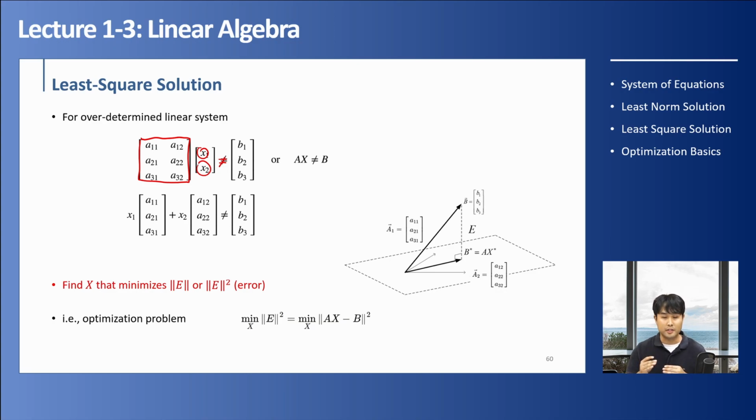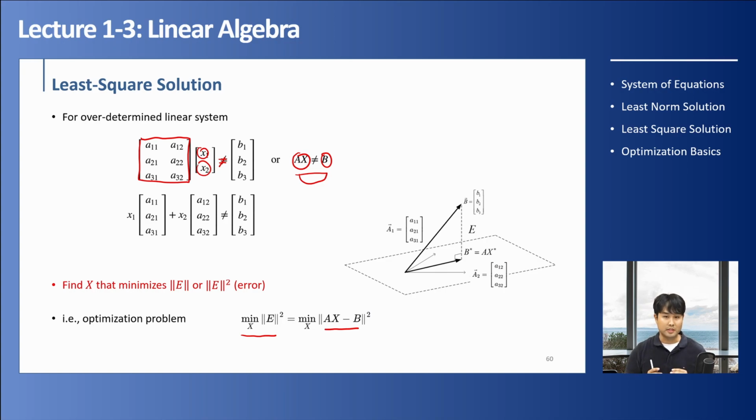So instead of trying to find a value that satisfies all of these equations, we try to minimize the error or the difference between Ax and b. And so if we formulate this in terms of an optimization problem, the goal becomes to minimize the norm of the error, in which the error is defined as the difference between these two terms.